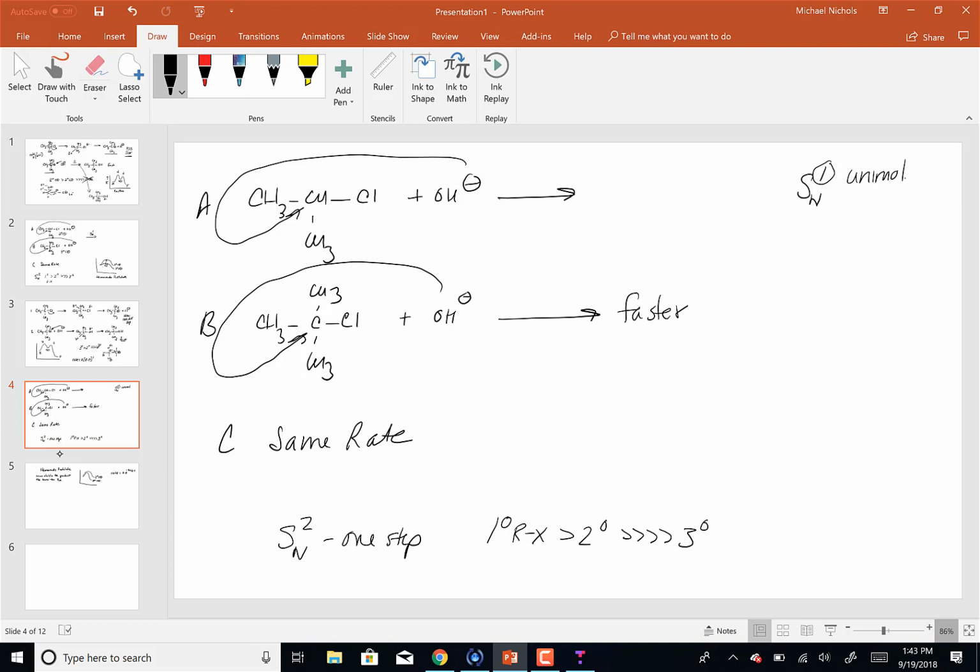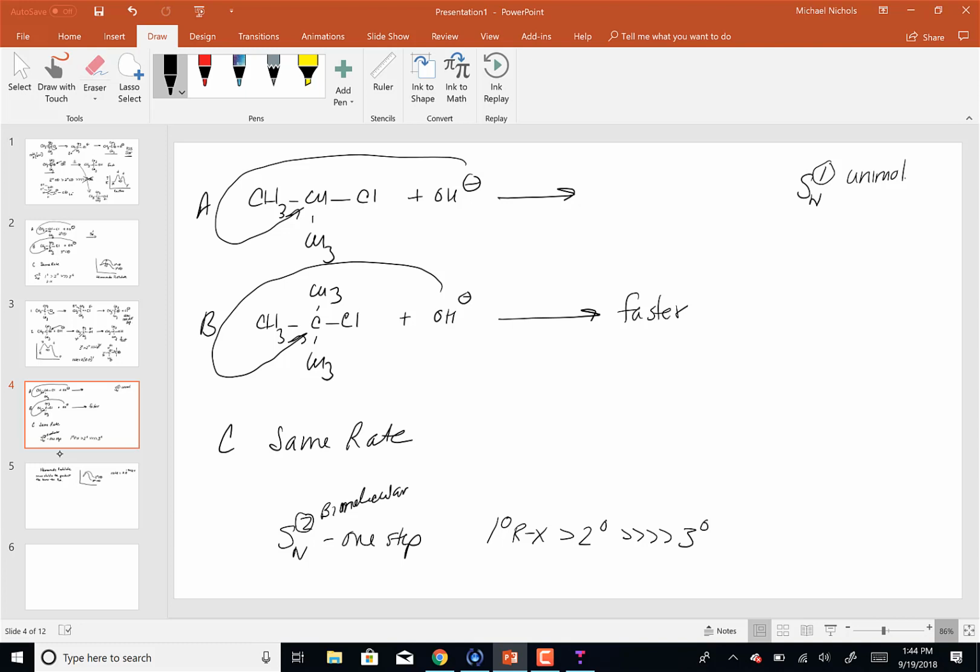The SN2 means that it's a one-step mechanism because it's bimolecular kinetics, and that's where the nucleophile comes in and directly attacks the alkyl halide and kicks off the halogen. So I'm trying to use more one-step, two-step, because that's what the book uses, because we are being formally introduced to SN1 versus SN2, but I tend to use that as my first thing, so it's really one step and two steps.